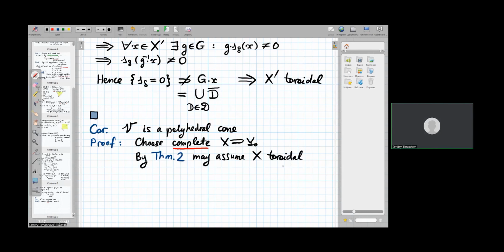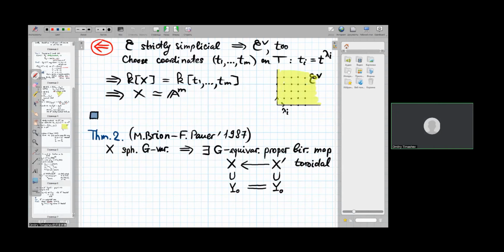If X were not toroidal, then we could replace X by its toroidal dominating variety X prime. Since X were complete and this map is proper, then X prime would be also complete. Okay?